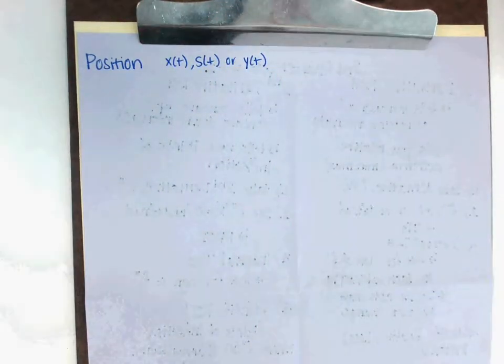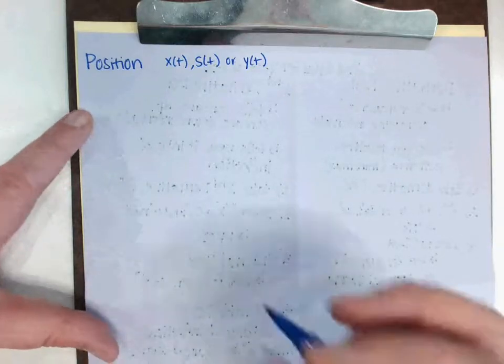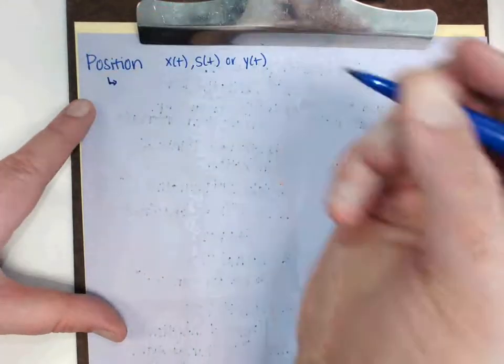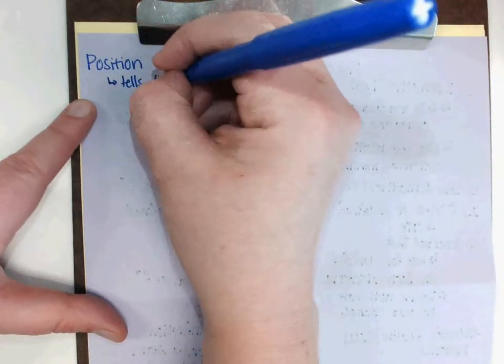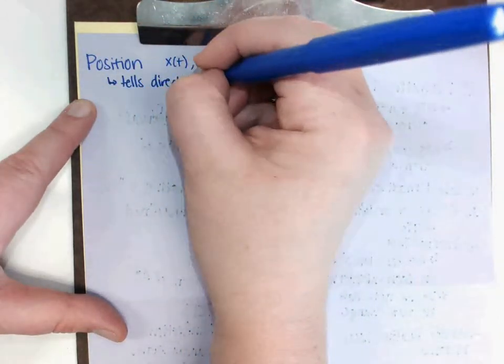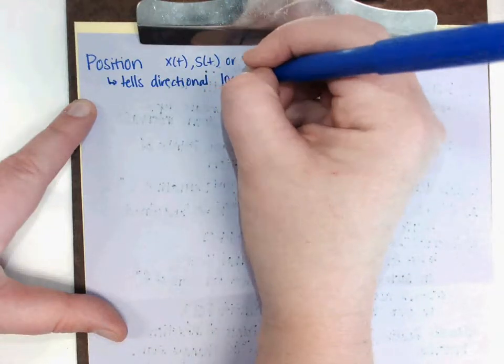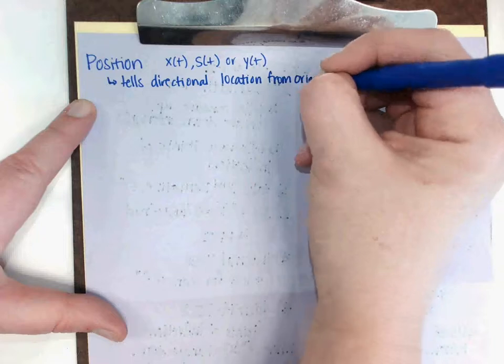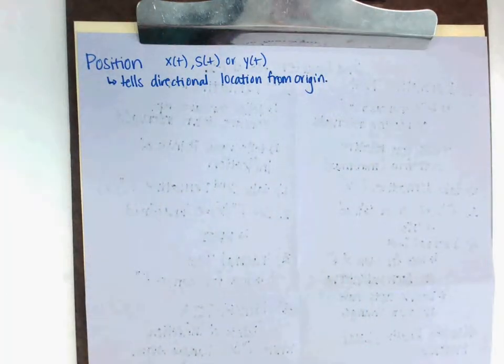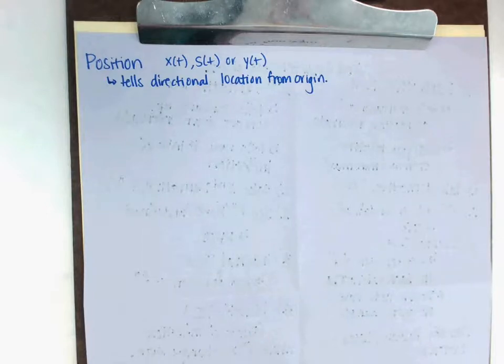It also can sometimes be other letters, but those are the usual ones. This tells you directional location from the origin. So it tells you if your particle is beginning above the origin, below the origin, to the left, to the right, whatever.